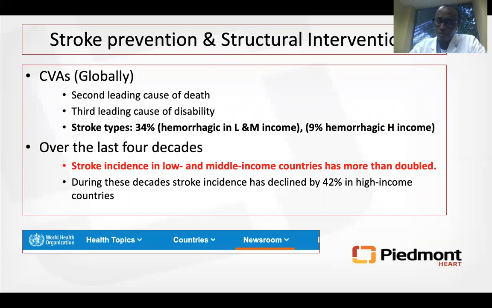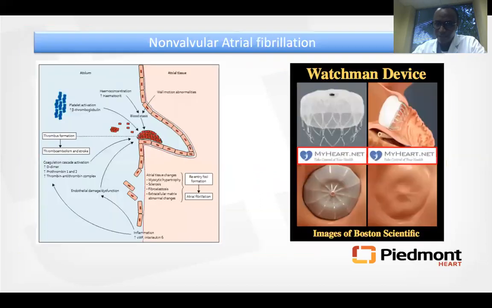Stroke prevention and cardiovascular interventions do have crossroads where they meet. Two major cardiovascular pathologies strongly associated with stroke are the presence of atrial fibrillation and also the presence of patent foramen ovale in some group of patients.